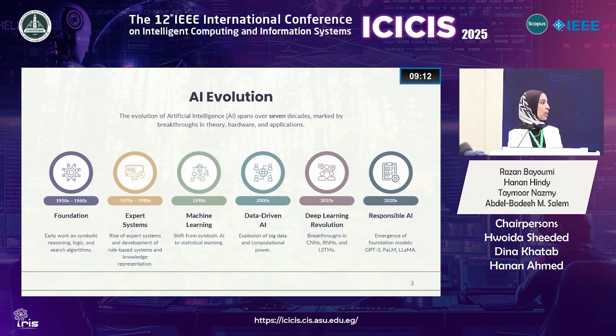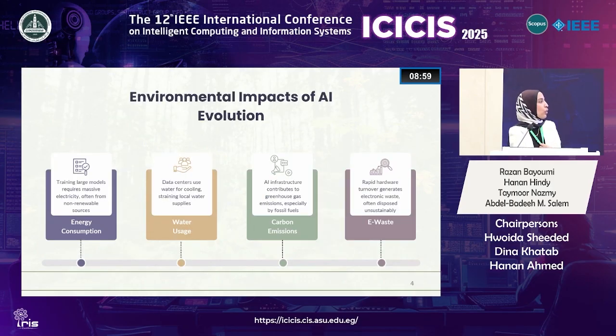Then we join the deep learning revolution, when we start to need to pay attention to the complexity of our model, because of the impacts of the huge size of the new models.